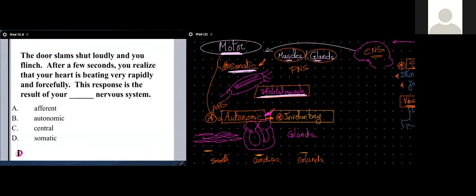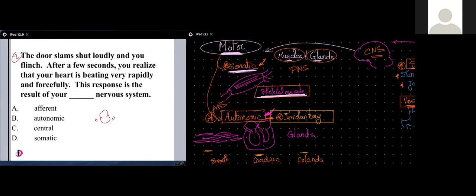All right, so let's see another one. Again, this is going to be another in-class activities. This is our second question for today. The door slams shut loudly and you flinch. After a few seconds, you realize that your heart is beating very rapidly and forcefully. So your heart is beating faster. This response is a result of your blank nervous system.